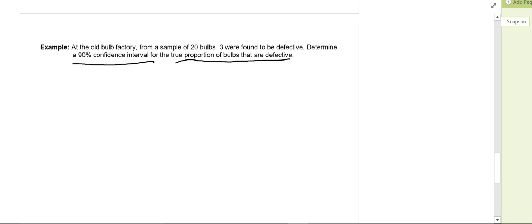So again, I'm looking for a confidence interval, but this is a confidence interval associated with a percentage or, quote, a proportion. The formula for this one is going to be p hat plus or minus z times sigma of p hat. P hat is associated with the sample proportion. From our sample, p hat is equal to 3 defects divided by 20 light bulbs in total.